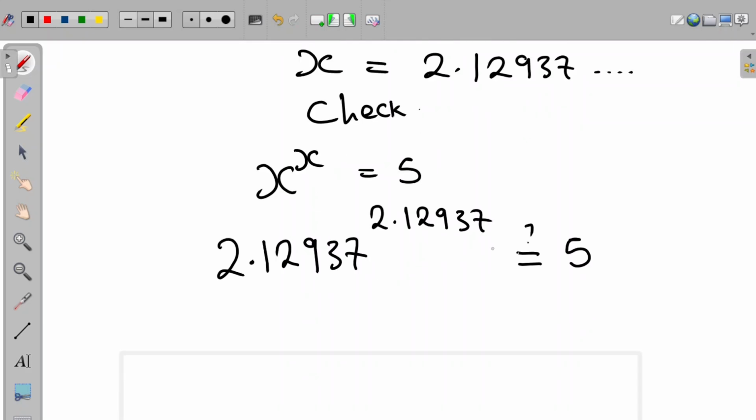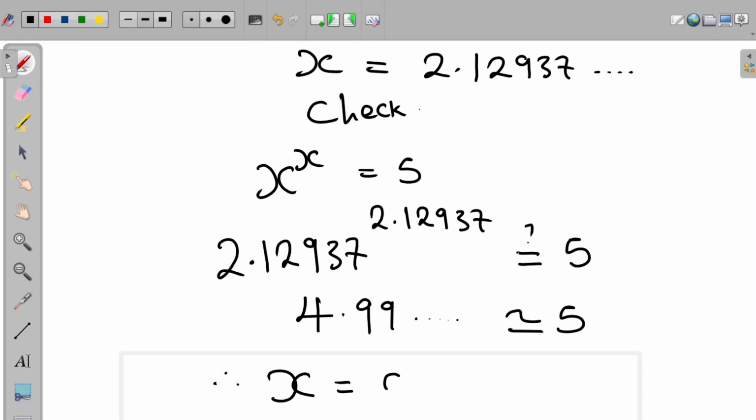So therefore, the value here is giving us 4.99, which is approximately equal to 5. Therefore, x is equal to 2.12937.